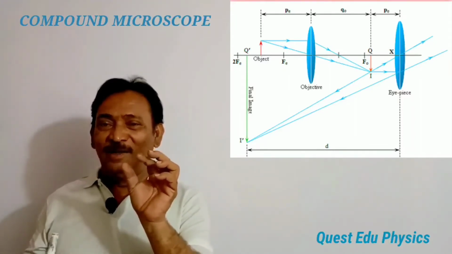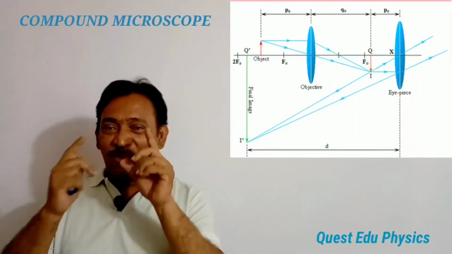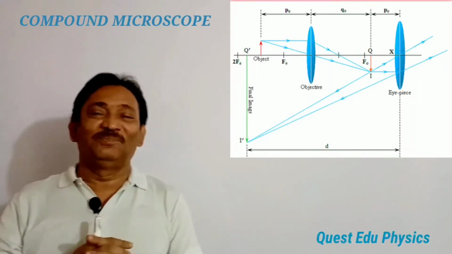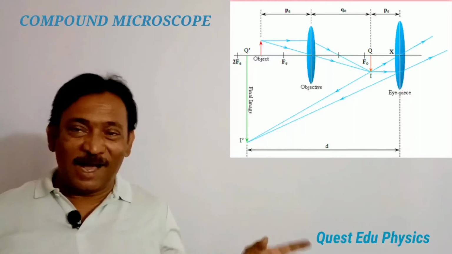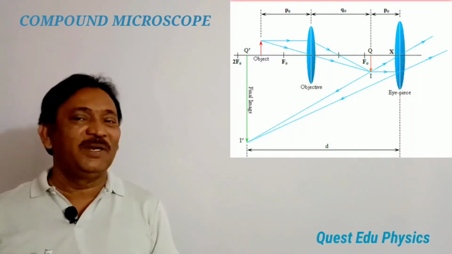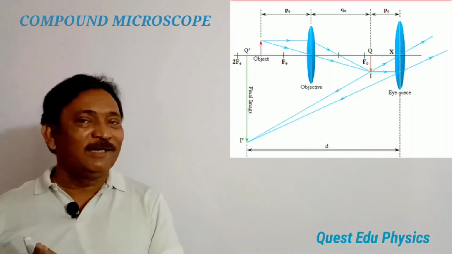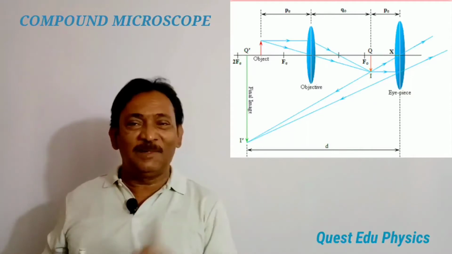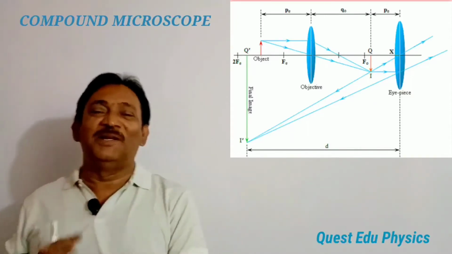With that you can adjust the distance between the lenses. The same thing is arranged in this compound microscope and we call it the rack and pinion. It tells us that the distance between the lenses can be adjusted by using the rack and pinion.